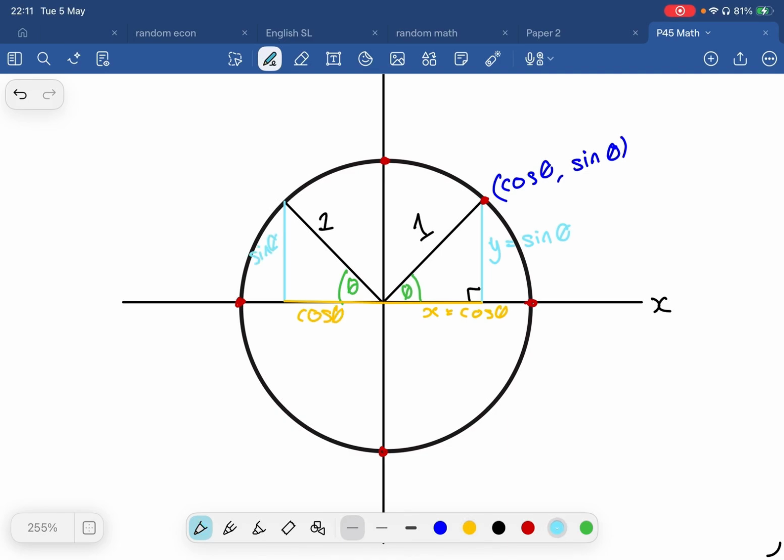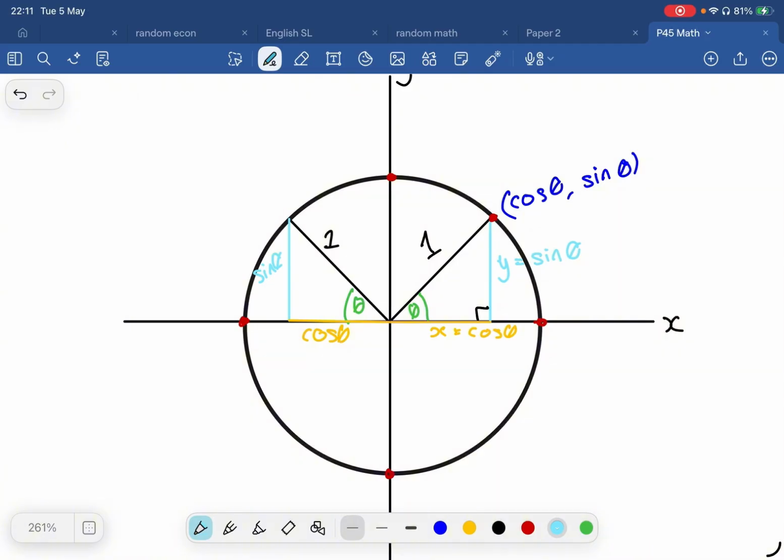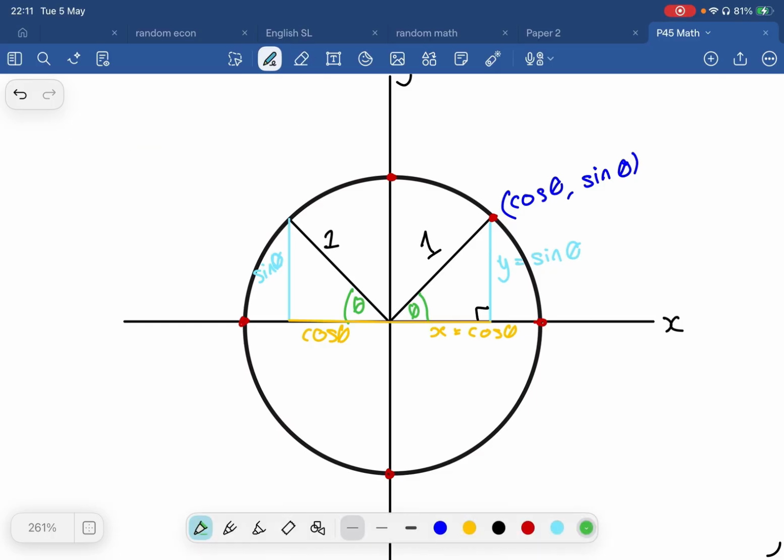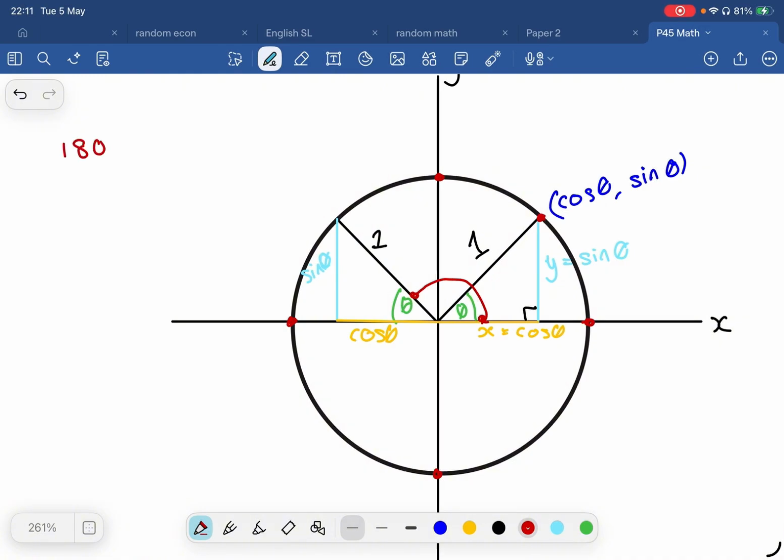First of all, we know that angles in a straight line equal 180. So what that means is, if both these angles are theta, and I wanted to find the angle from this point to this point, that angle would just be 180 minus theta.